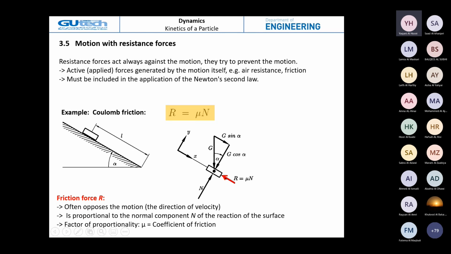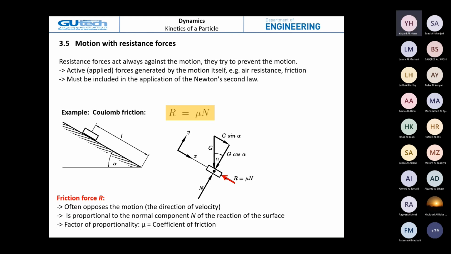If you have curvature or circular motion, it's better to use the polar coordinate system than the Cartesian coordinate system. Here there is no circular motion, only horizontal motion along this direction, so we can use the Cartesian coordinate system.